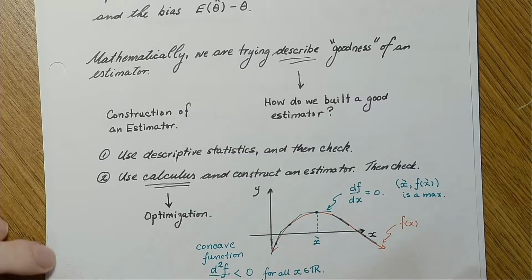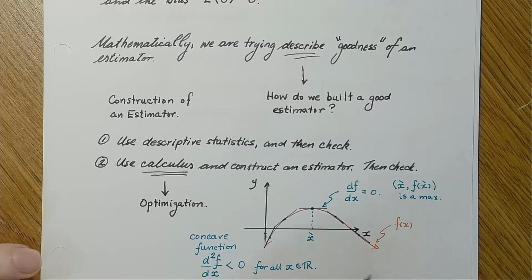So what can get a little bit more complicated is that we might not necessarily have just a one variable function like f of x. What happens if there's a probability distribution that has two parameters? Well, that's where it gets a little more complicated.